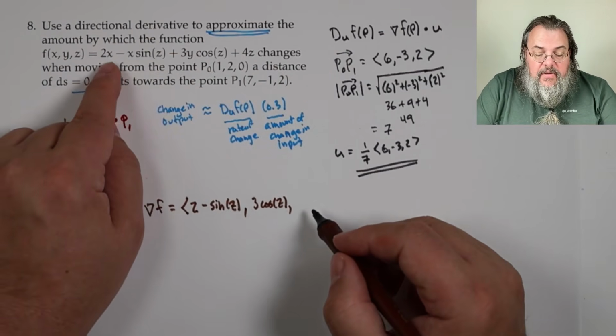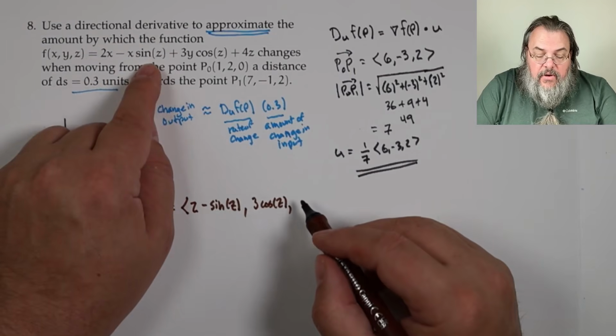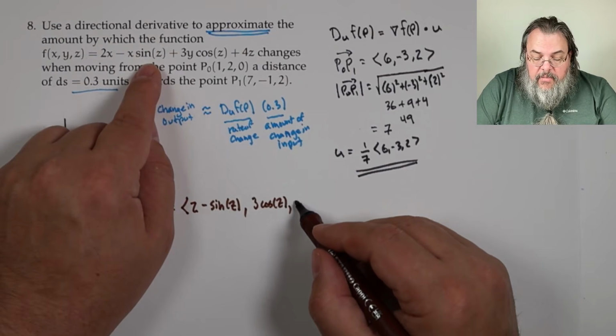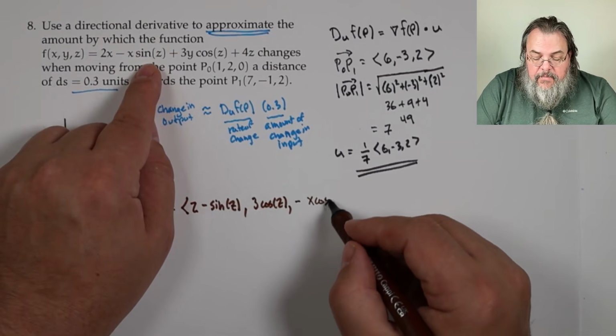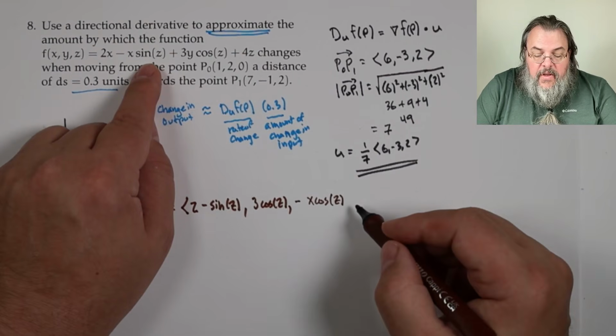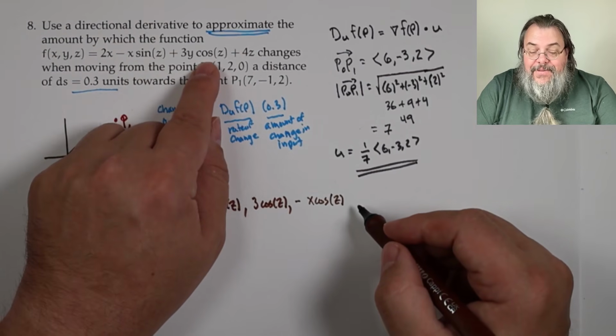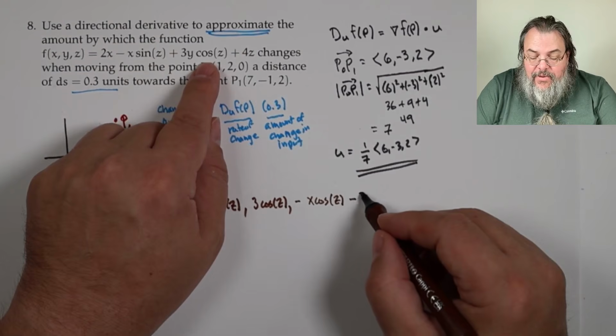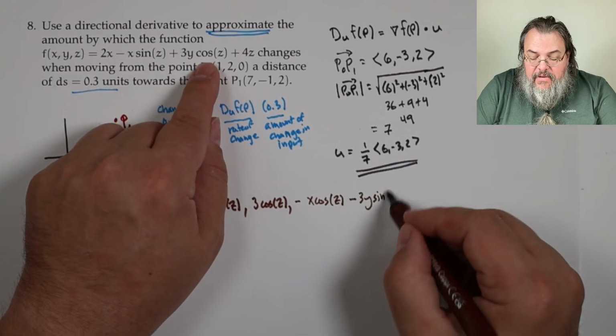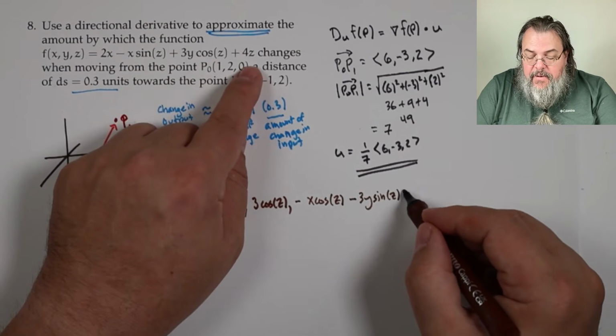Take derivative with respect to z. Derivative of sine is cosine, so we're going to get a minus x cosine z. Derivative of cosine is negative sine, so minus 3y sine of z, and then we'll get a plus 4.